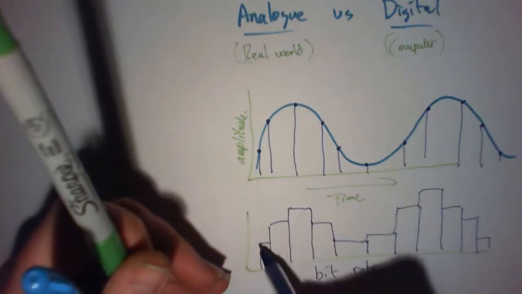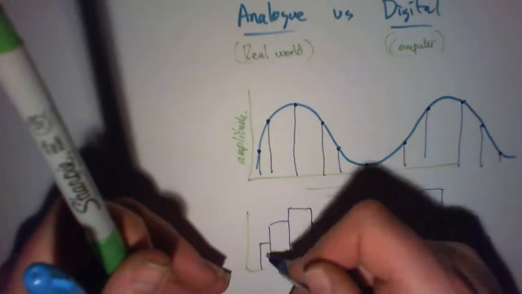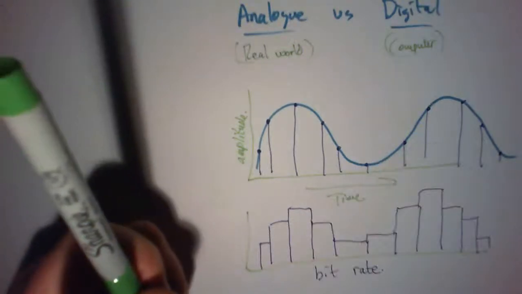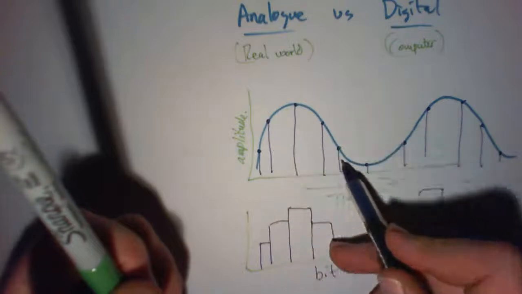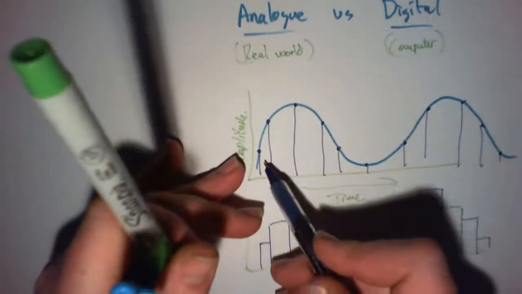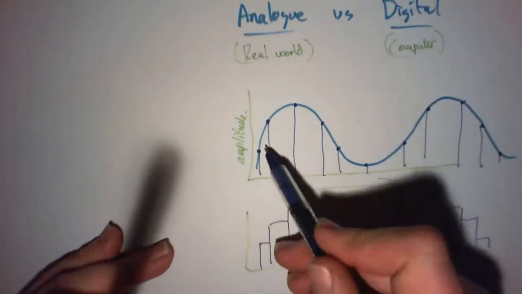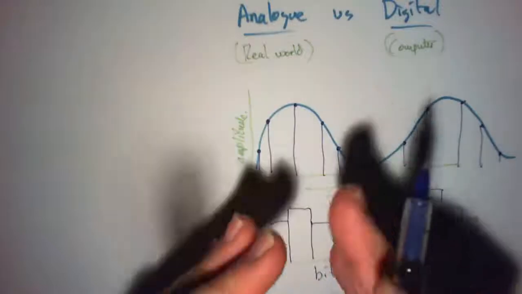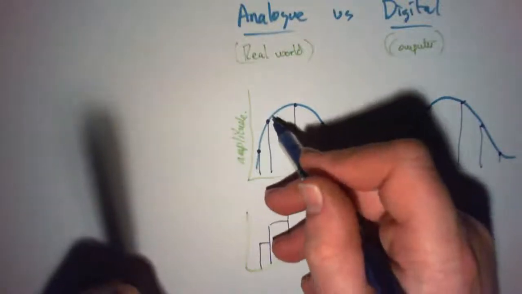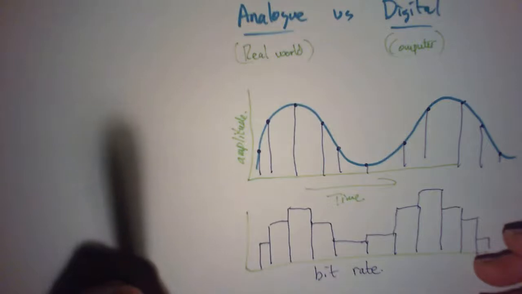Instead of having this big jump here, you might halve that and have another little bit, and it'll get better and closer. So if you had a high enough bit rate, you would have a high enough amount of infinitely small rectangles that could approximate the curve under which they're living.